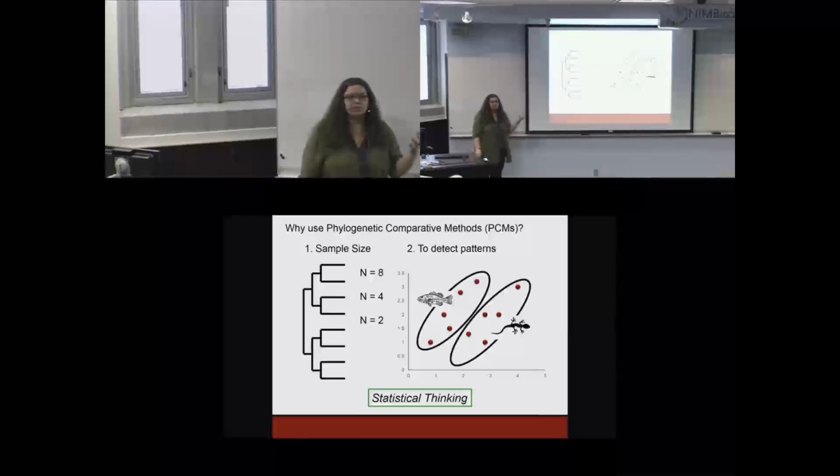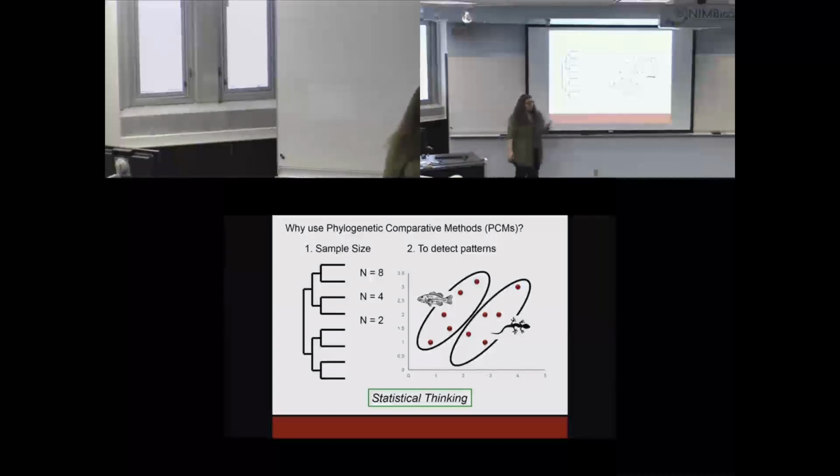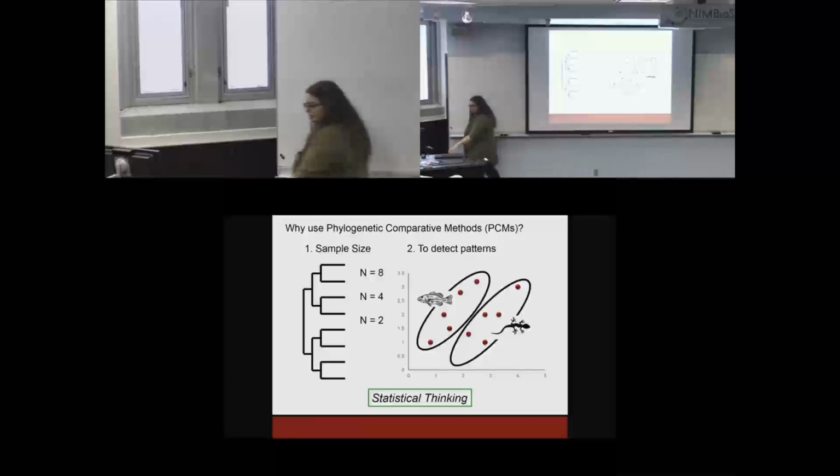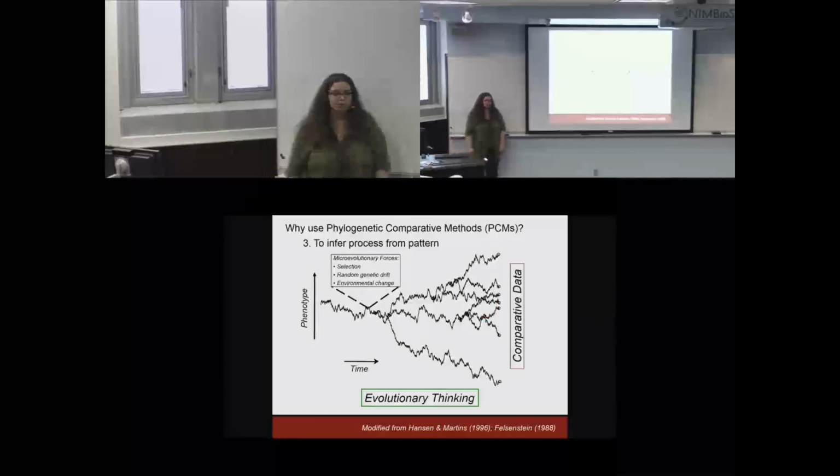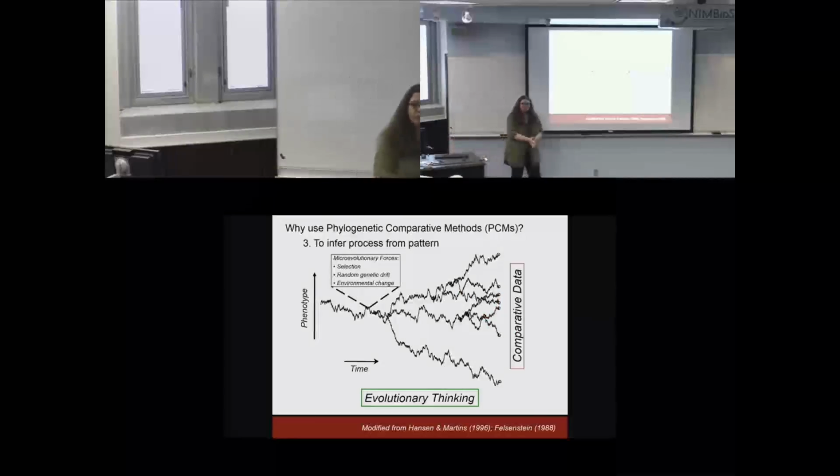Okay, so those are two reasons that I hear most often from empirical biologists who want to apply comparative methods. But the reason that I do comparative methods, and probably most of you want to, given that you're here in a course called Evolutionary Quantitative Genetics, is because you want to infer something about evolution. You want to understand something about evolution.